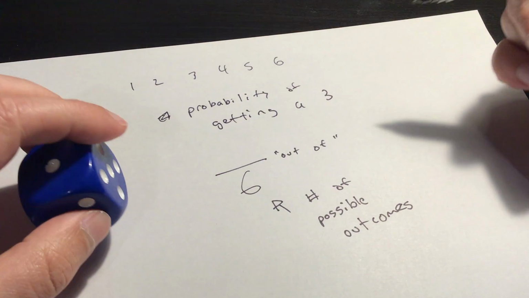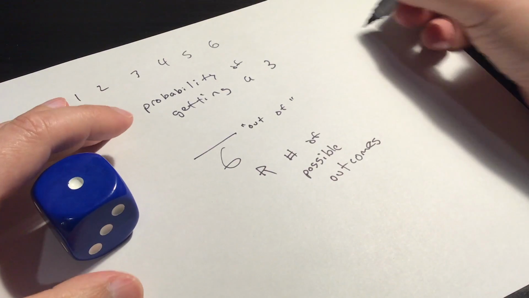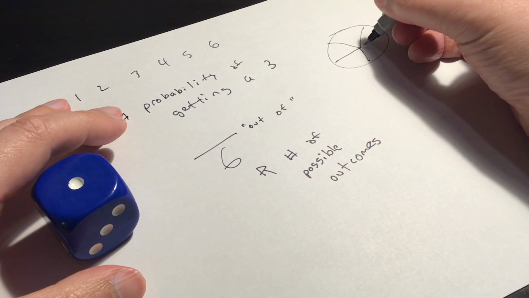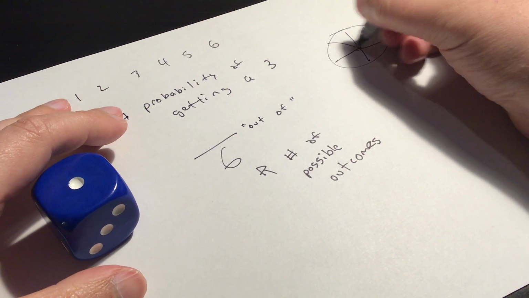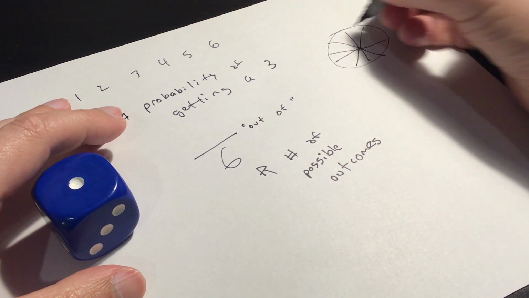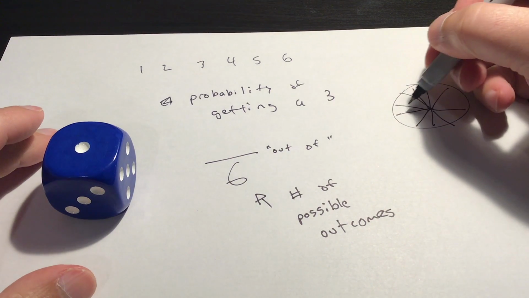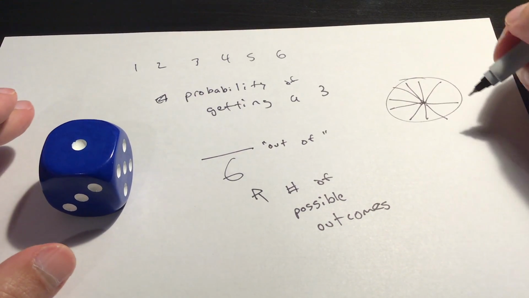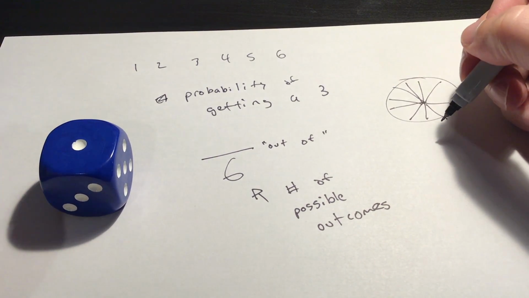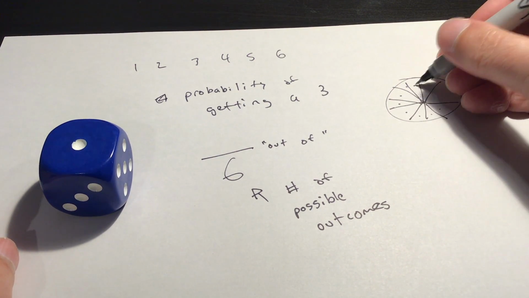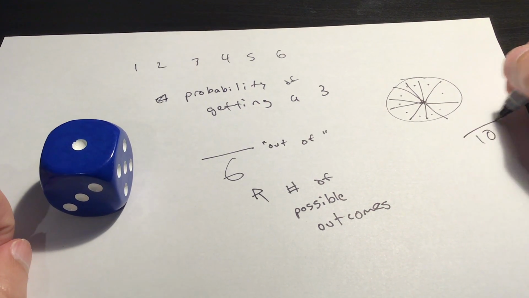It's fair. Okay, if I had some weird spinner, you know, where the spacing wasn't equal, let's say it's a really wonky spinner where there's this really big space here and these really tight spaces here. Well, then you need to do a lot more math to figure out how many outcomes you have. Because you can't just say, well, there's 1, 2, 3, 4, 5, 6, 7, 8, 9, 10 outcomes and say it's out of 10.